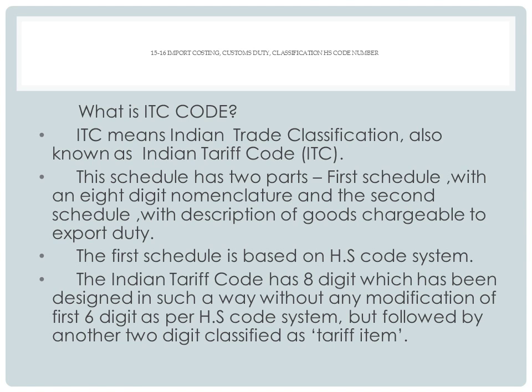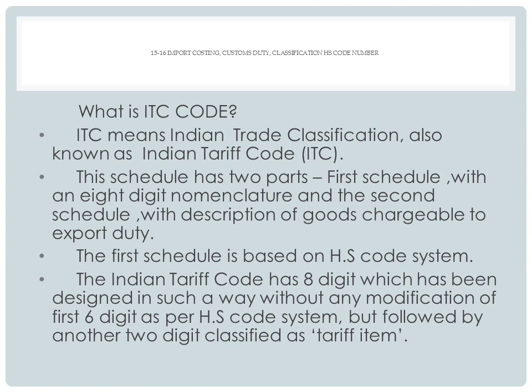What is ITC code? ITC means Indian Trade Classification, also known as Indian Tariff Code. This schedule has two parts. First schedule, which is an 8-digit nomenclature, and the second schedule with description of the goods chargeable to export duty.